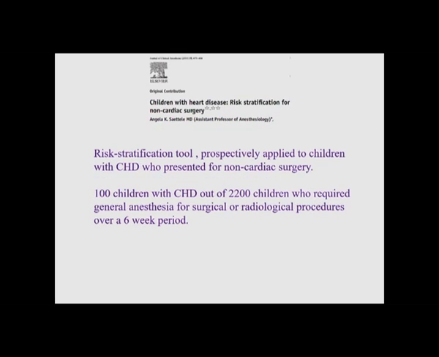And there is, again, the discussion. So I wanted to bring up just two recent publications that have tried to stratify the risk for non-cardiac surgery. One is they have looked over 6 weeks at all the children that they anesthetized, 2,200 children. 100 of them had congenital heart disease.